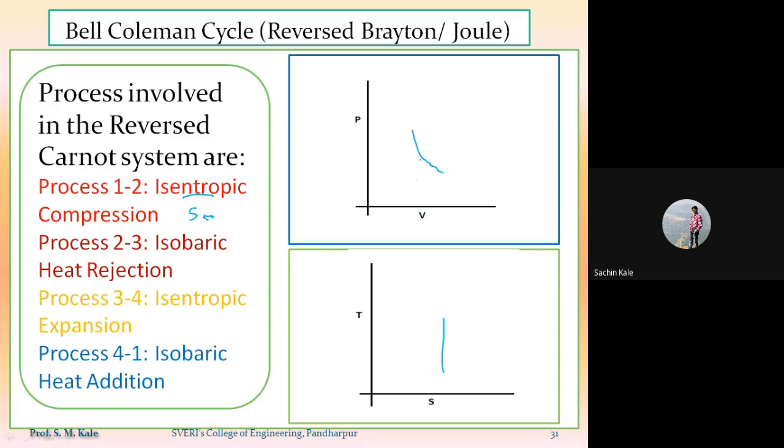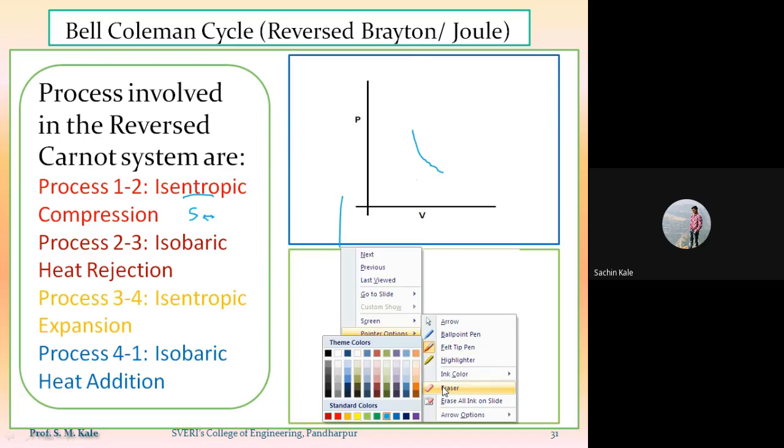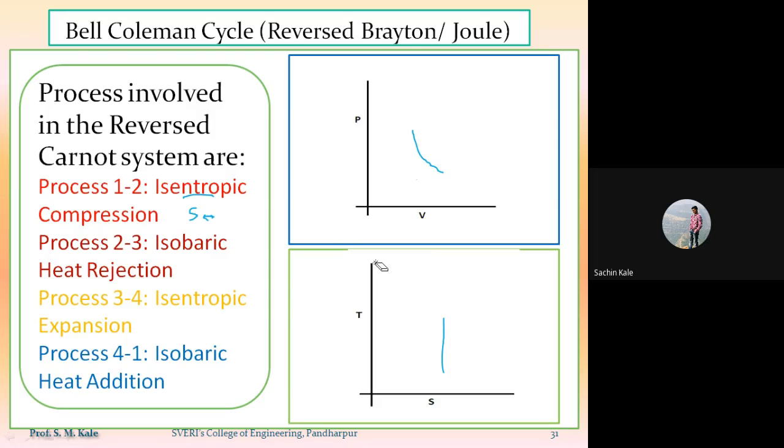So from the first word we are clear that on the PV diagram, process 1 to 2 will be a curve parallel to this curve, and on the TS diagram it will be a vertical line parallel to this line.